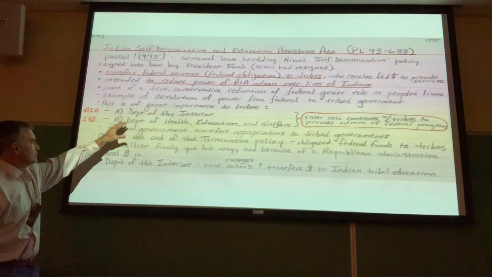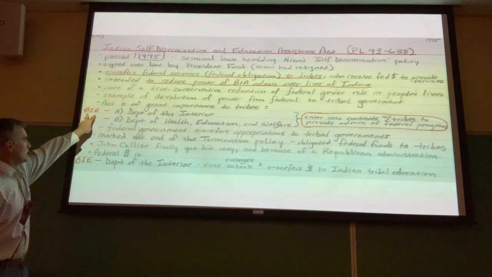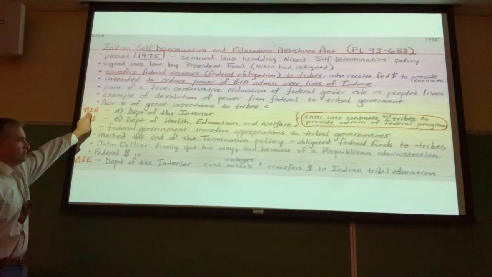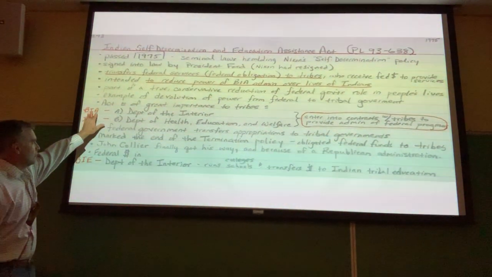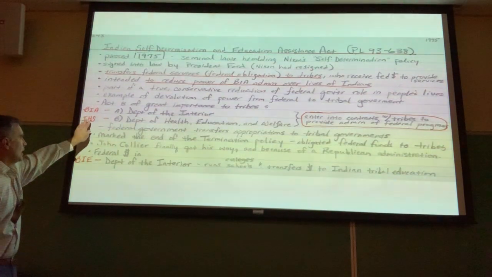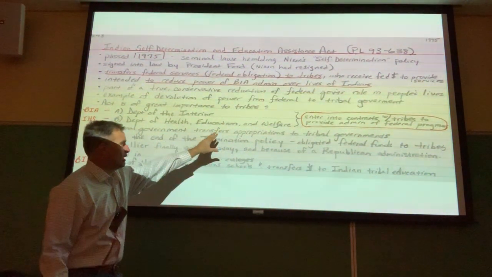The Department of the Interior is the main government department that houses the Bureau of Indian Affairs. The Bureau of Indian Affairs is part of the Department of the Interior, and the Indian Health Service is part of the Department of Health, Education, and Welfare.